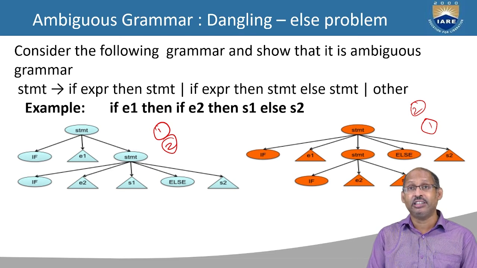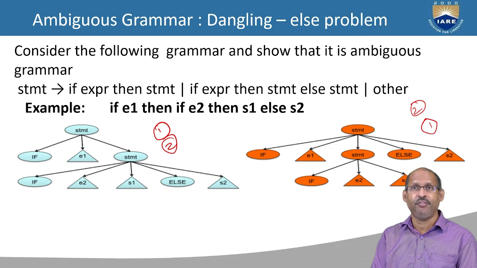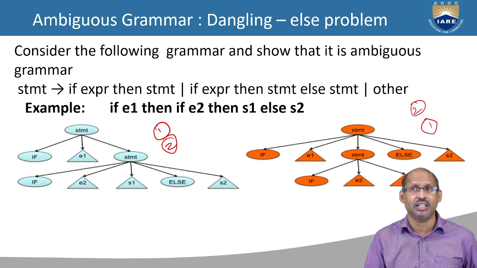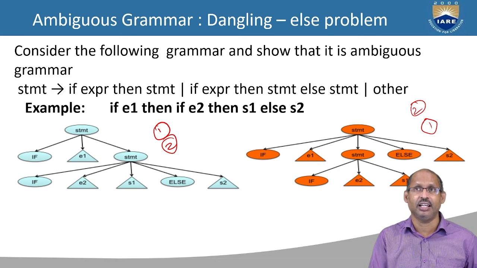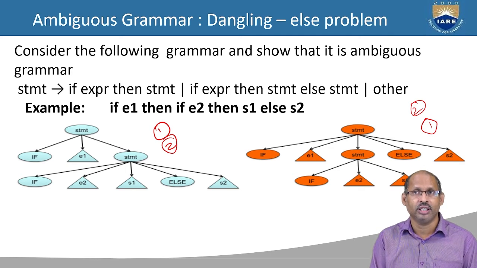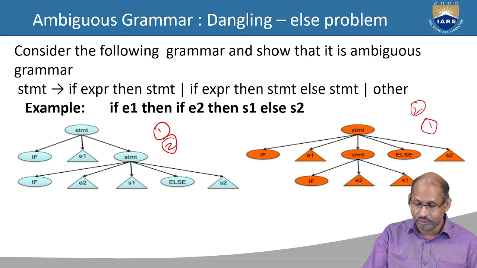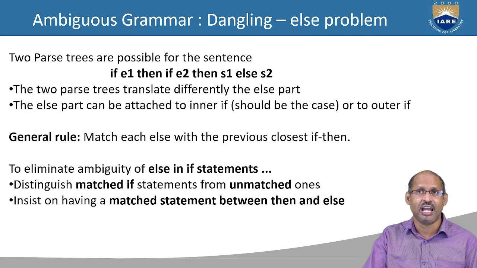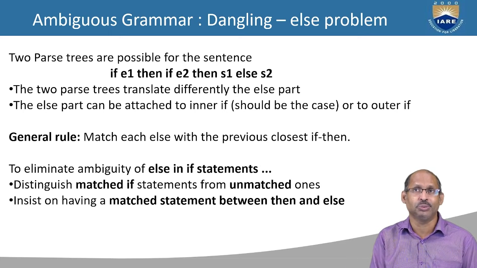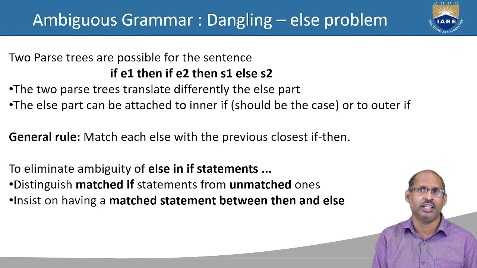For the same given example, if expression then if expression then S1 else S2, for this dangling else, there are two derivations, so we say it is ambiguous. Two parse trees are possible for the sentence: if E1 then if E2 then S1 else S2.